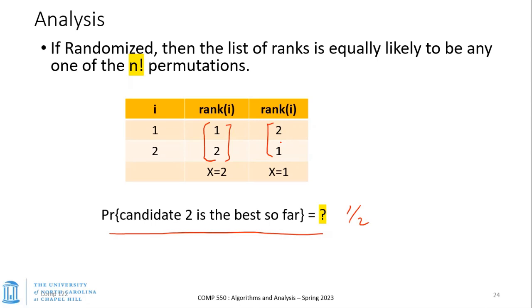What we're essentially saying is that if you have 2 people, there are 2 factorial permutations, and by saying that it's uniformly distributed, we're saying that each one of those permutations is equally probable. So this has a probability of half, and this has a probability of half.